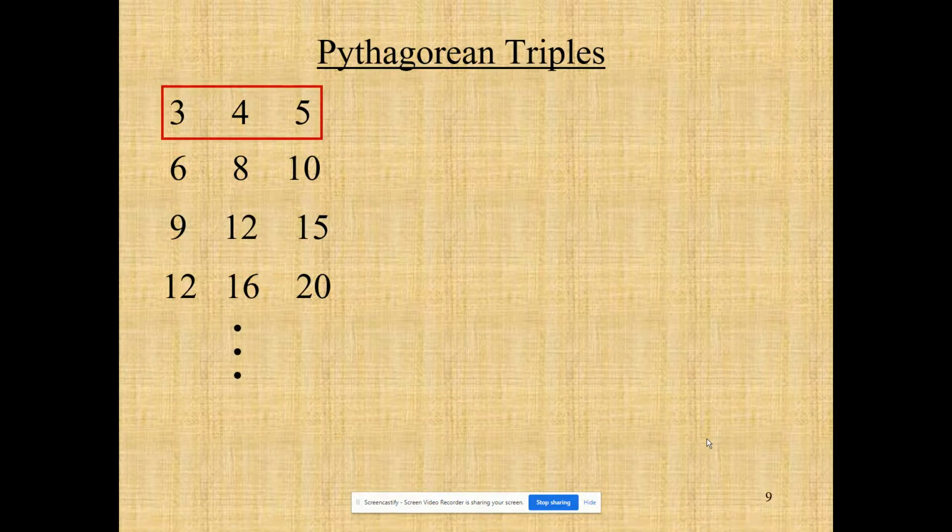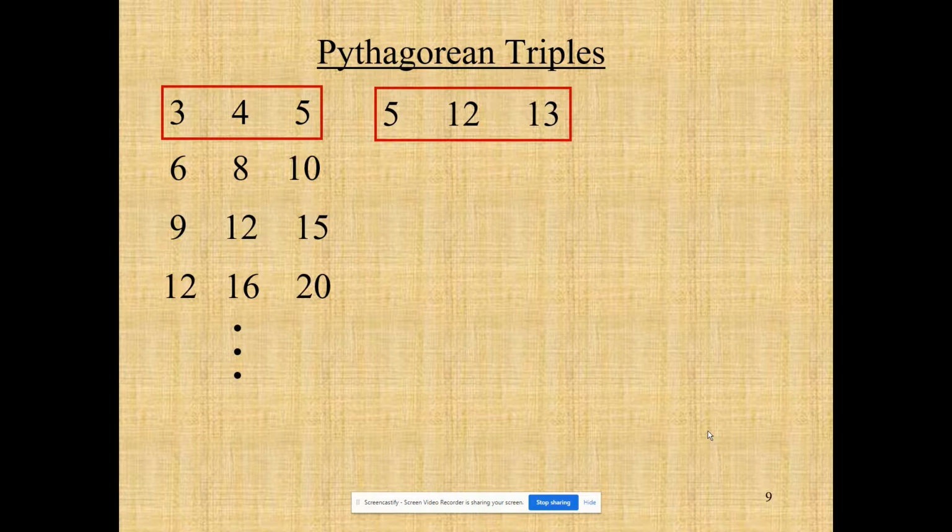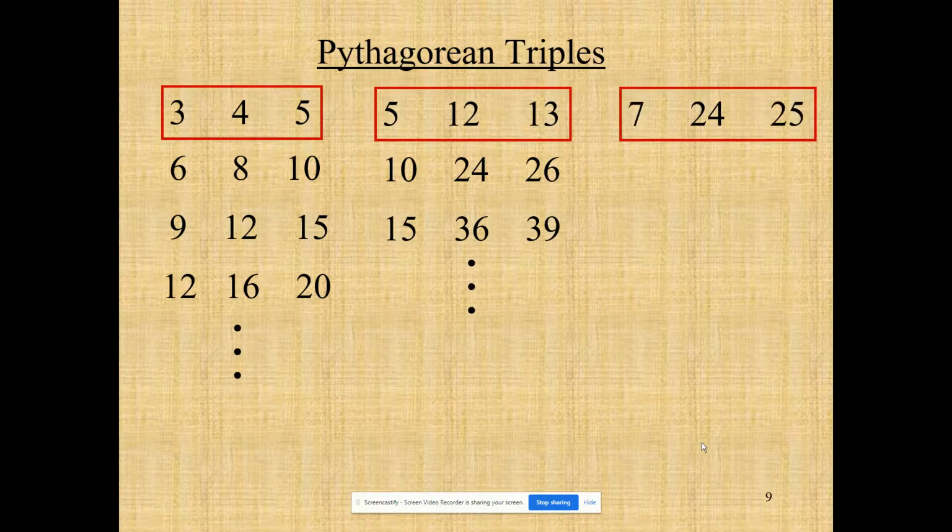Now I have some more here: 5, 12, and 13; 10, 24, 26; 15, 36, 39; and that continues on. And then I have 7, 24, and 25; 14, 48, and 50; 21, 72, and 75; and that continues on.